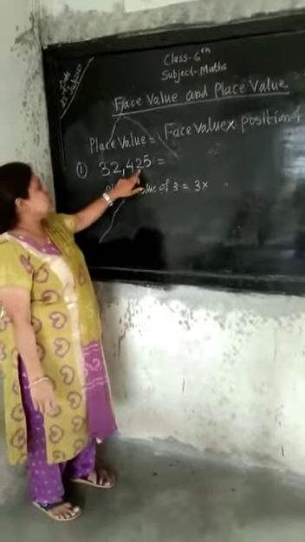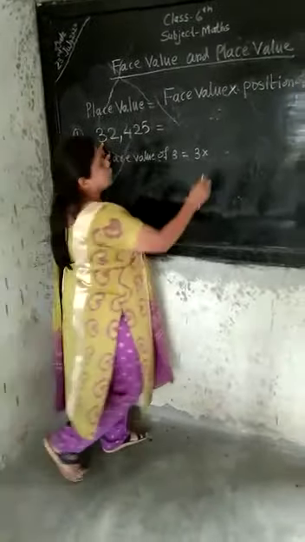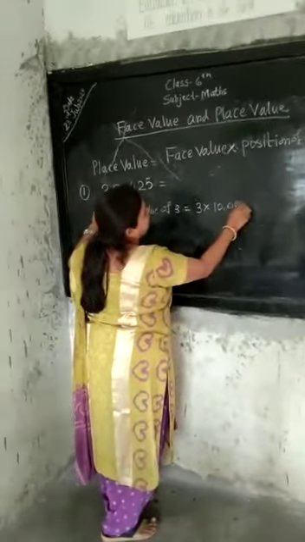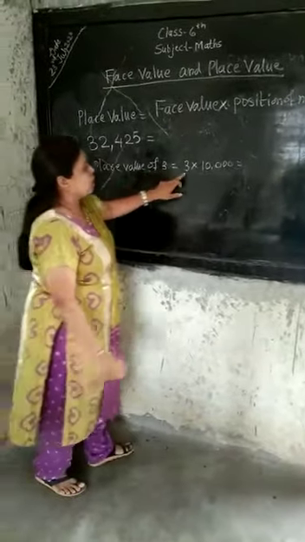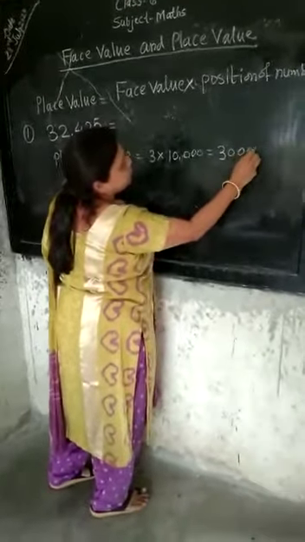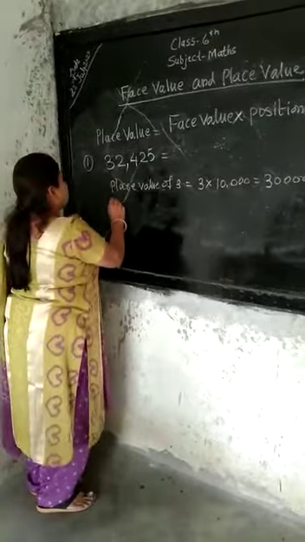Count it: ones, tens, 100, 1000, 10,000. So we multiply it by 10,000. Then we get the place value of 3, which is 30,000.